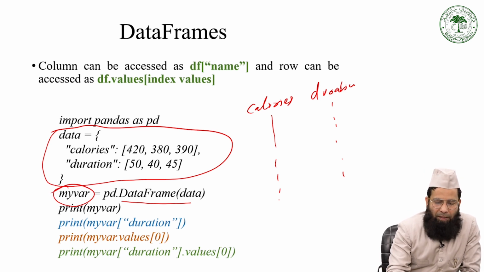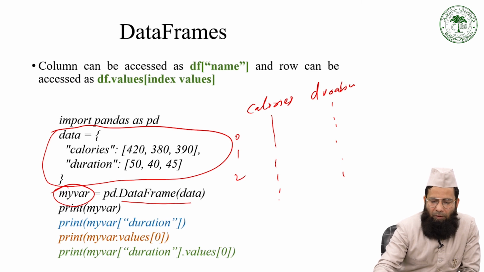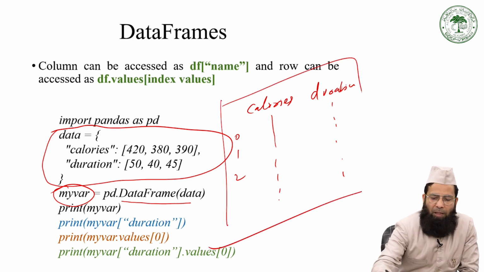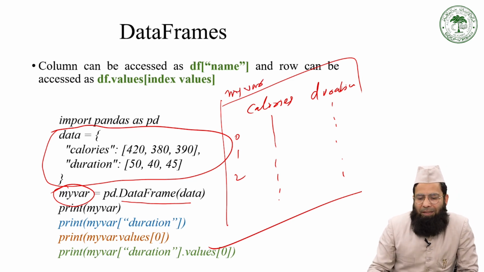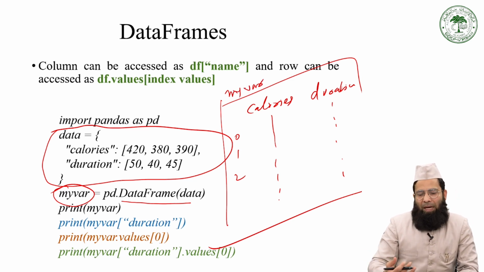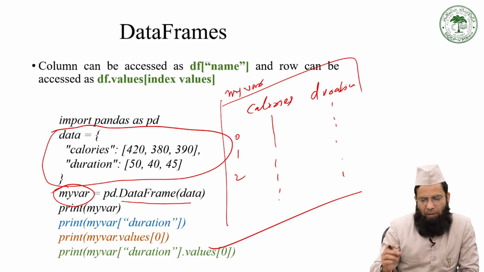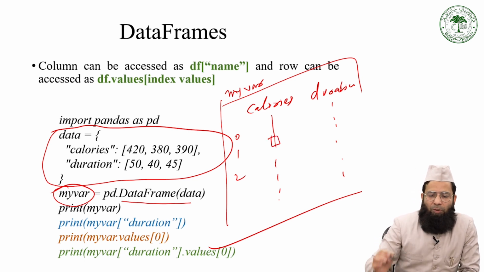Now this variable myvar is actually a data frame. If you print the data frame, you will get this type of information: 0, 1, 2, since it has 3 values only. So this would be a data frame, and which data frame? That is myvar. Now to access individual rows and a particular cell value, what will we use?